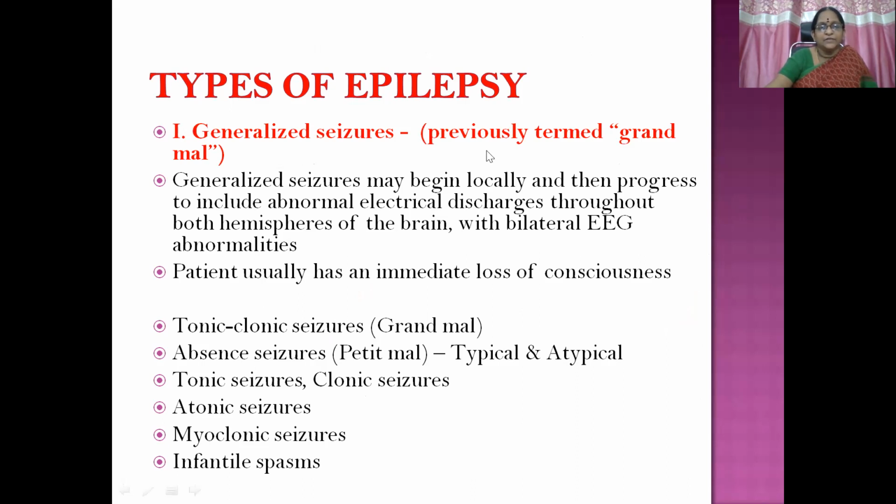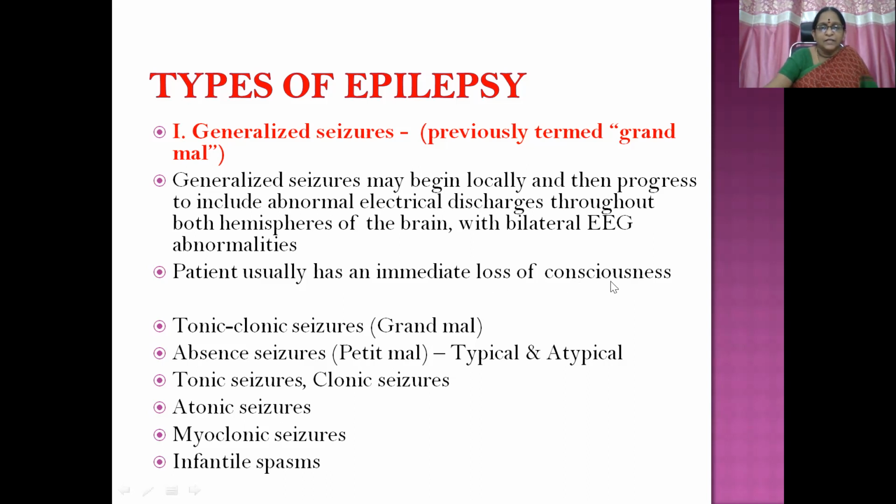It is previously known as grand mal epilepsy. Mal means illness. Grand means it is a major illness. So generalized seizures may begin locally and then progress to include abnormal electrical discharges throughout both hemispheres of the brain with bilateral EEG abnormalities. So the patient usually has an immediate loss of consciousness.